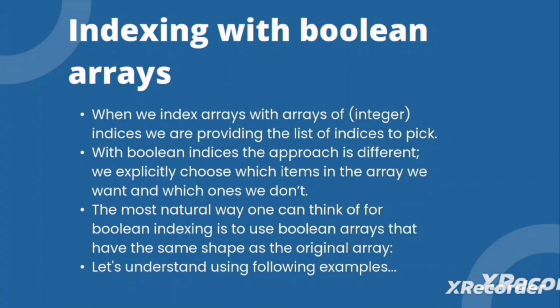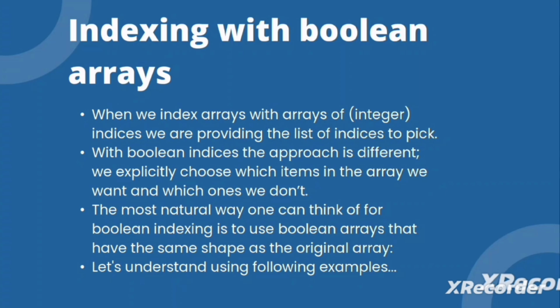So now let's talk about indexing with boolean array. When we index an array with an array of indices, we are providing the list of indices to pick. With boolean indices, the approach is very different. We explicitly choose which items in the array we want and which ones we don't.